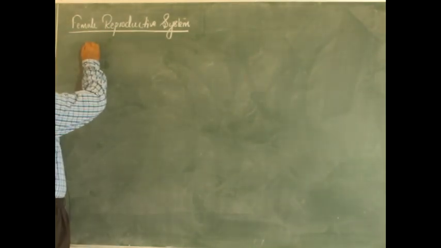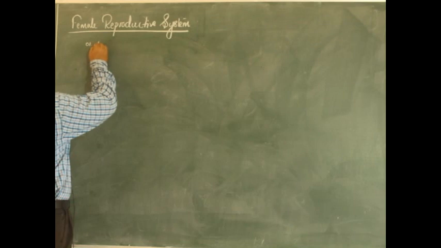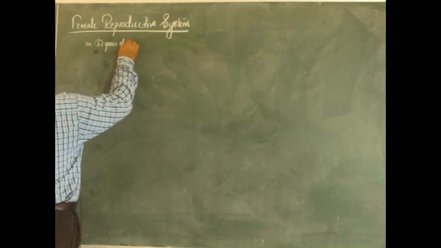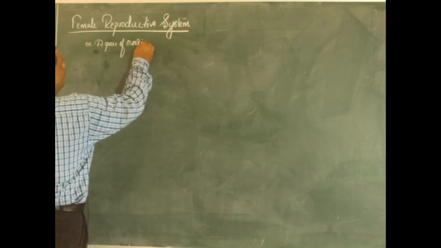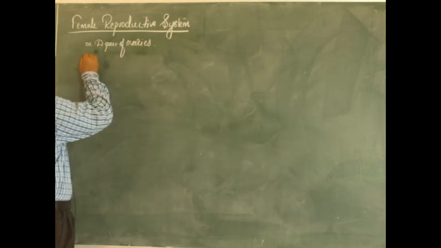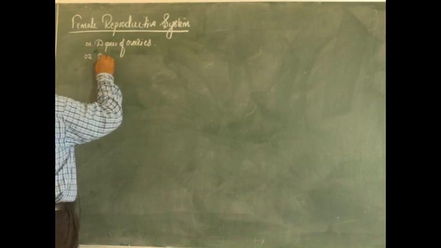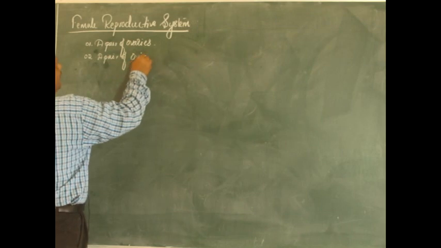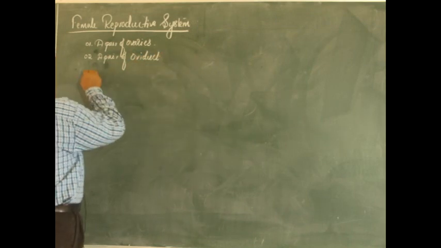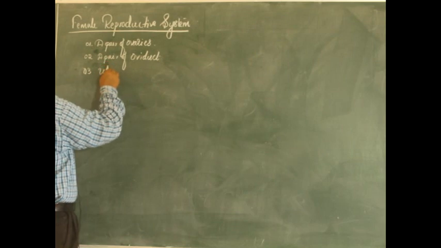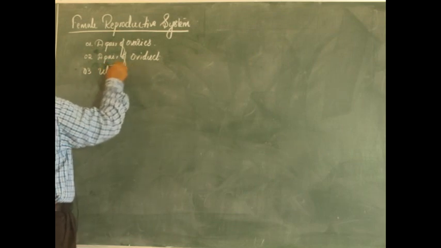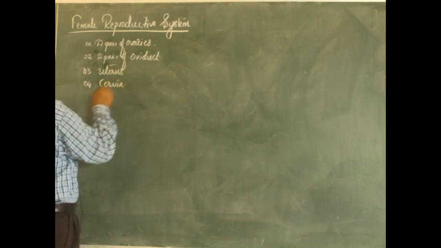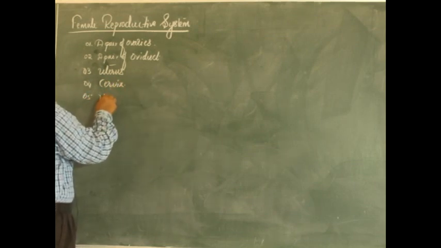This female reproductive system consists of a pair of ovaries and a pair of oviduct, uterus, cervix and vagina.